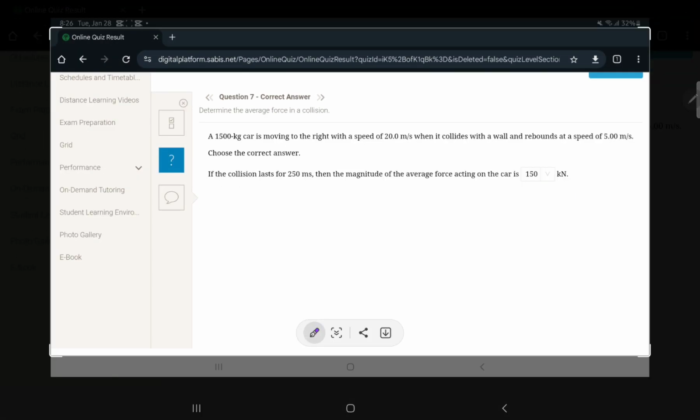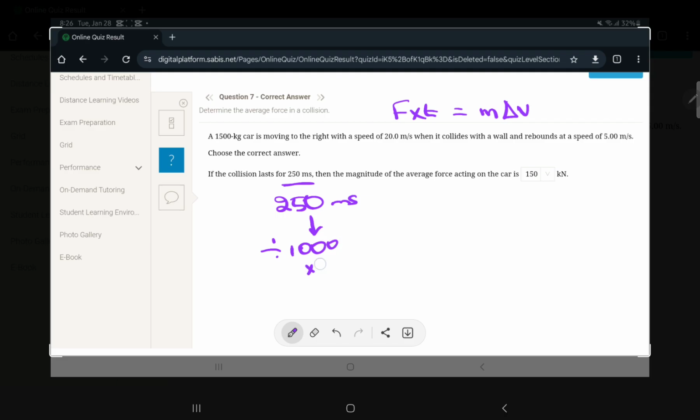Okay. This one looks like we also have to use the rule F times T is equal to M delta V. What is the force? The force is what we need to find. The time is 250 milliseconds. How to convert from milliseconds to seconds? You divide by 1,000, or you multiply by 10 to the power of negative 3, so it becomes 0.25.